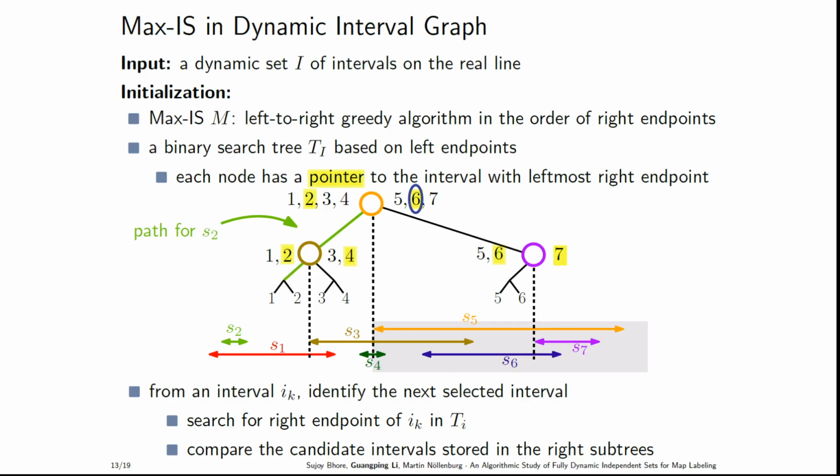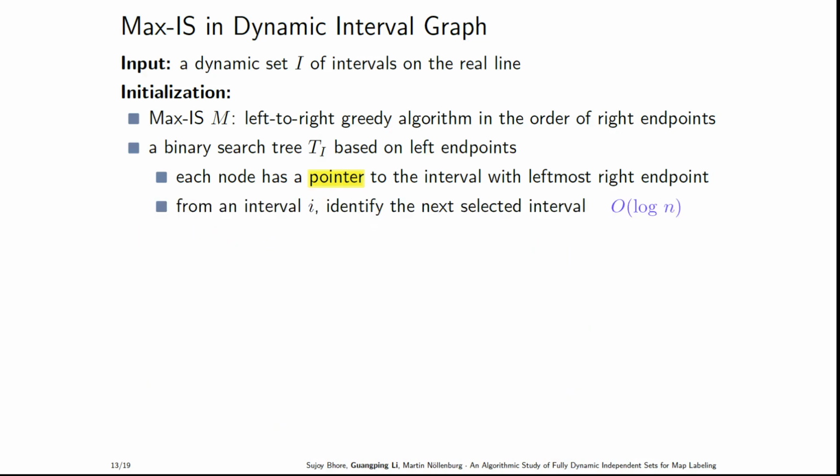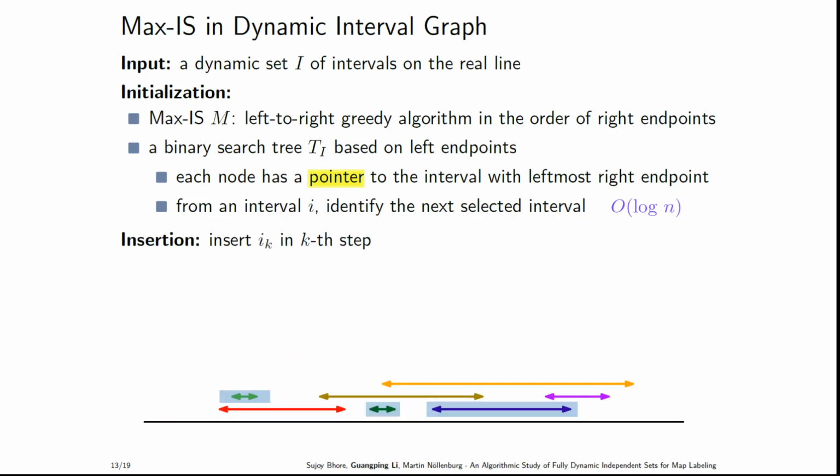For example, S6 is the interval with the leftmost right endpoint in this region. And S4 is the one for the middle region. Then we compare these intervals stored in the subtrees. We could choose the one with the leftmost right endpoint as the next selected one. So here it is S4. So finding the next selected one is in logarithmic time.